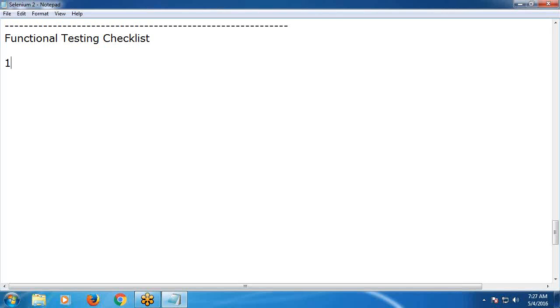Concentrate. First one, input domain coverage. See, in functionality testing, 5 important coverages. Input domain testing. Observe Mrinal, I'm saying functionality testing. What is the difference between functional testing and functionality testing?